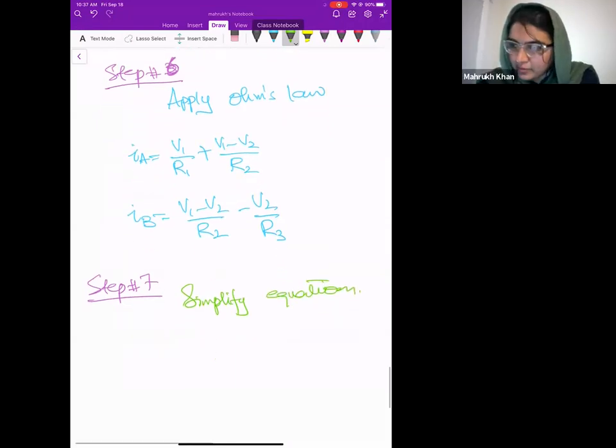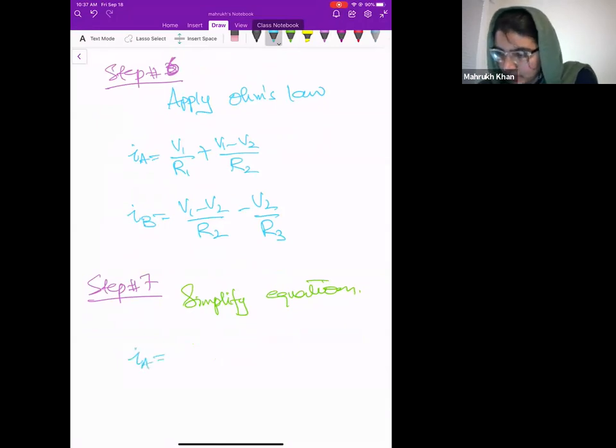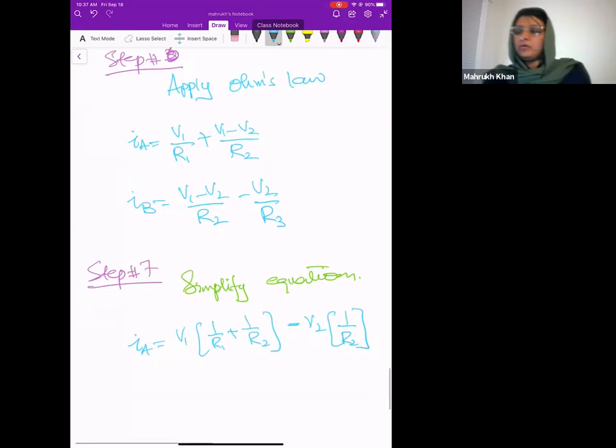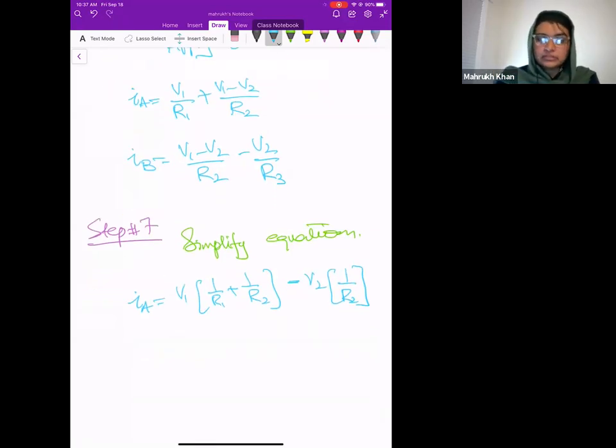So I will simplify the above equations. IA, I can write it as... we already did substitutions before, so we will just talk about the matrix in this example, although we can solve it using substitution as well. It's not that we cannot solve it using substitution.